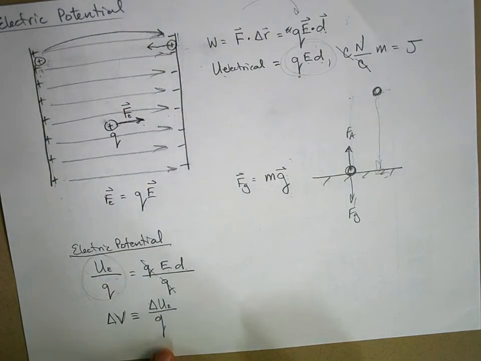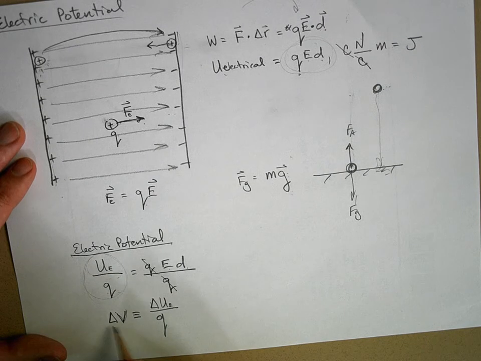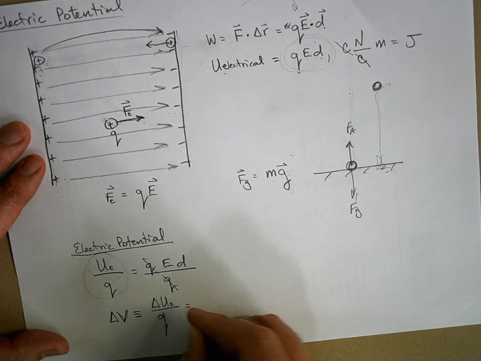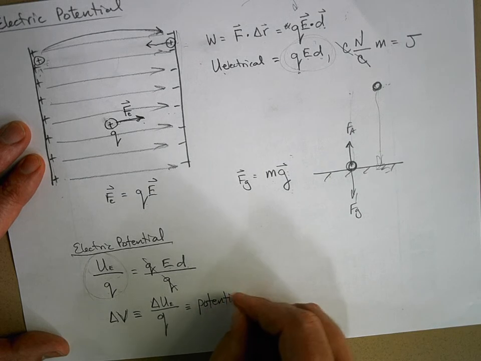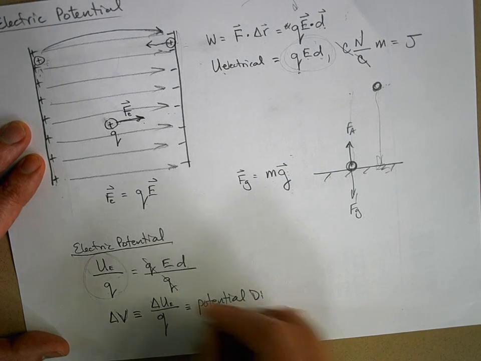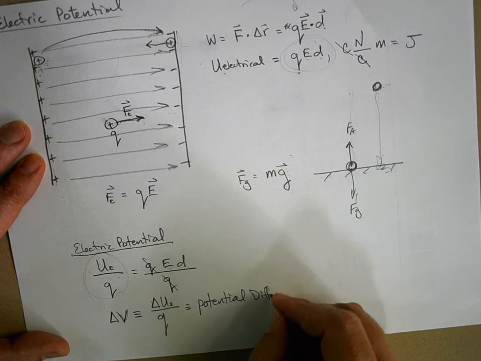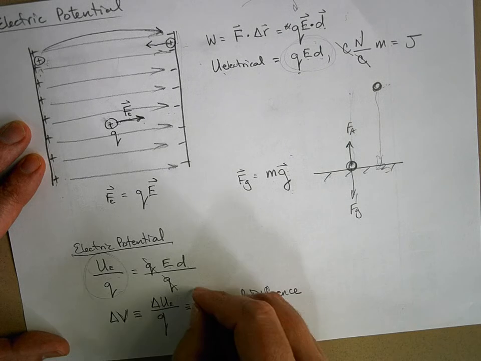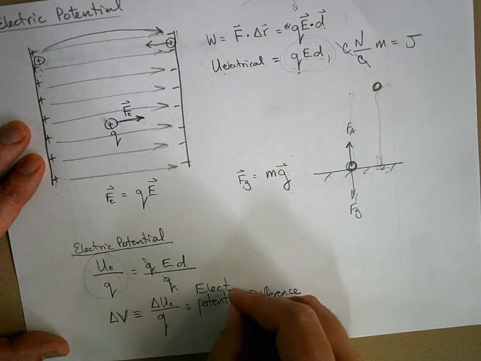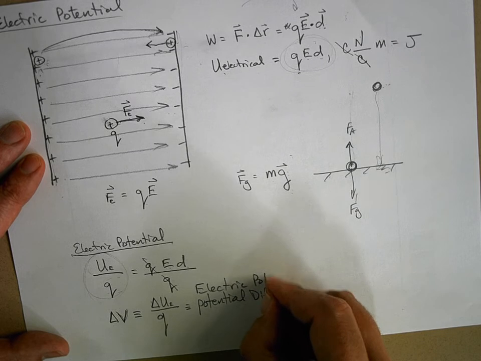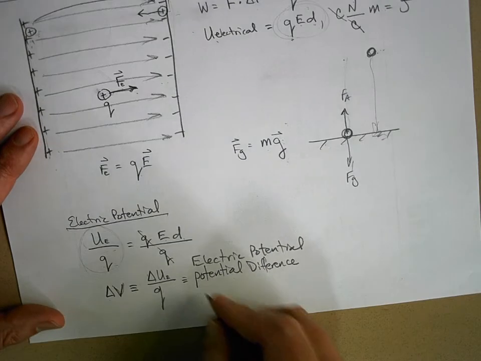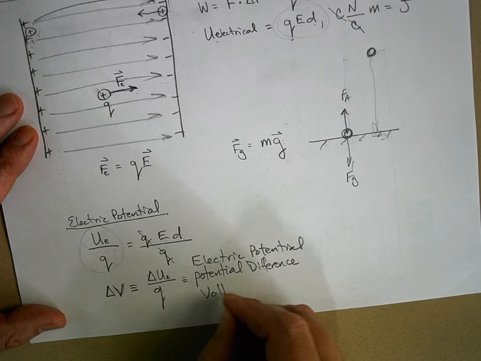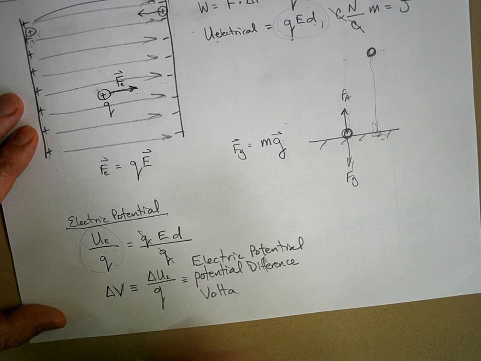And this, by definition, is called potential difference, capital P, difference, or it's also called electric potential. And sometimes we even call it voltage, or a change in voltage, and that's where the V comes from.